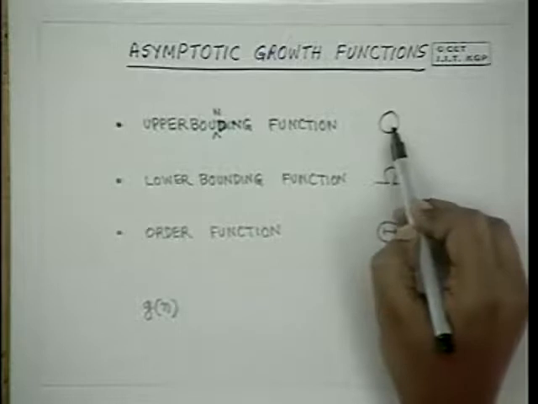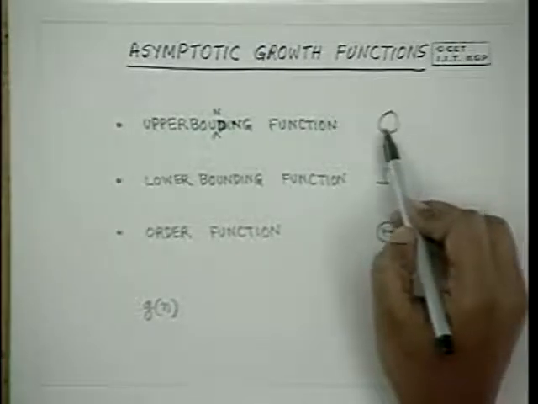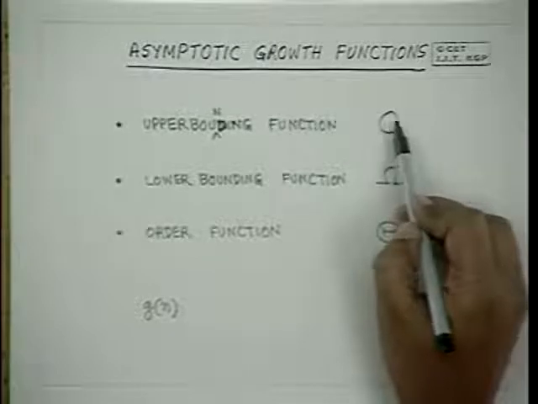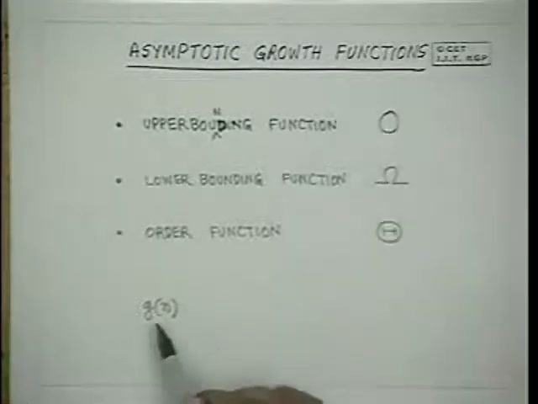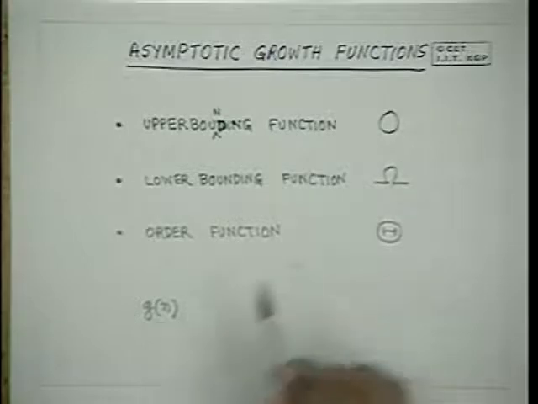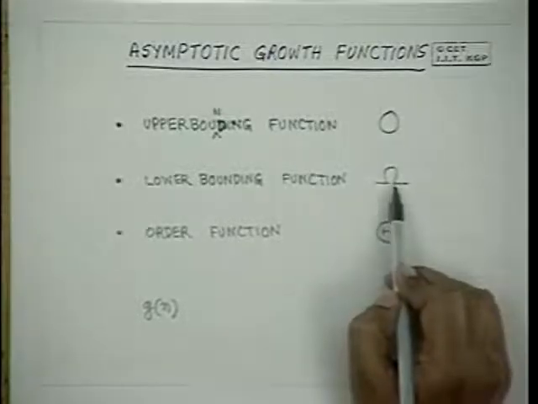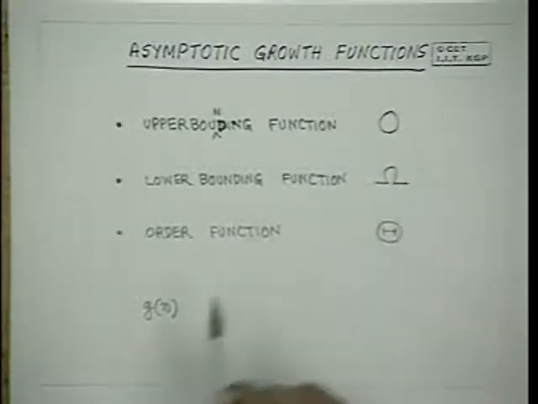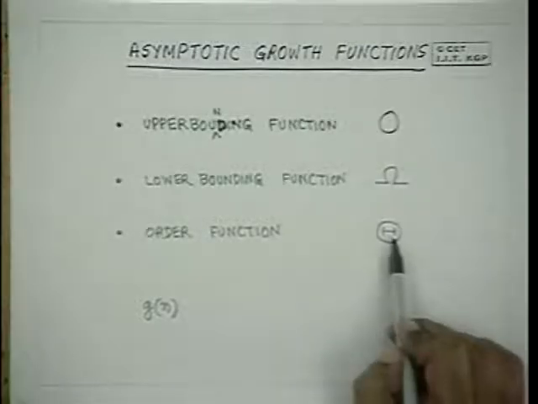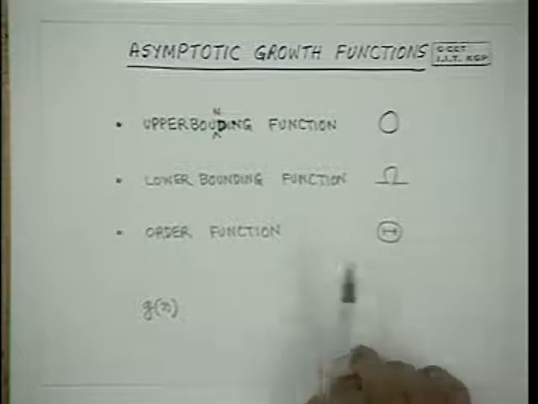We try to find out another function which upper bounds this, that is beyond a certain range, that is when n becomes very large, this function will be always greater than this function. Lower bounding function is, then this function will be less than this function beyond a certain range. And order function is that both are equivalent in some sense. Now we'll see their definitions and understand their meanings.